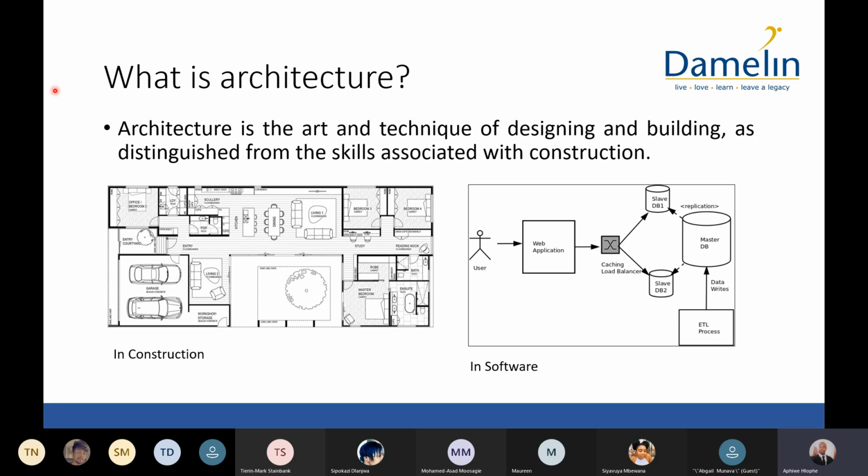Architecture is the art and technique of designing and building, as distinguished from the skills associated with construction. When you're defining an architecture, it is speaking to how the software operates. It has nothing to do with how it actually is going to be constructed or built.